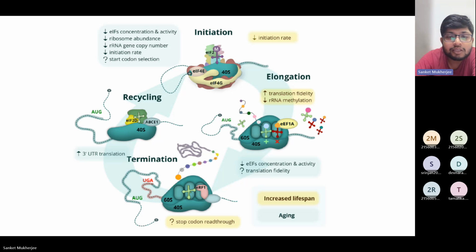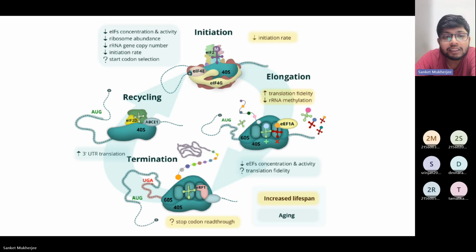So whatever you see in the green here, that happens due to aging, right? Like the elongation factor concentration and activity is reduced with aging. The translation fidelity, that means whether there will be a correct translation happening, that also sometimes gets reduced.